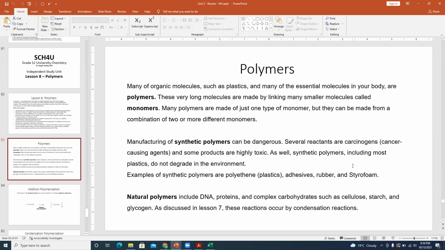And then in some cases, the usefulness of many of these polymers is that they're quite durable and long lasting, but on the downside, because of that, they don't seem to degrade in the environment. So we have to be really careful about how much of these synthetic polymers we produce because they tend to have a lasting effect on our environment. They take a long time to go away. They don't break down very easily.